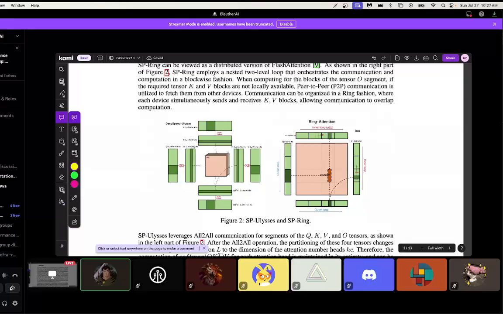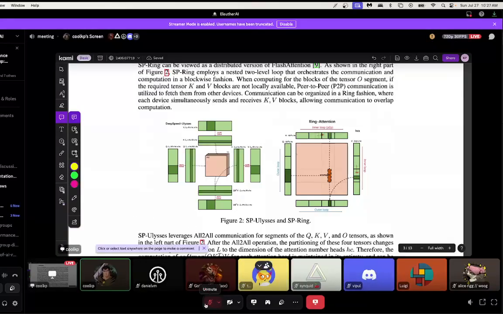We see that this all-to-all transforms from the sequence sharding to head sharding within the attention, to compute the attention. And in ring attention, I don't know if you're familiar with JAX, we do a ppermute over this ring, and we are sharded on sequence.